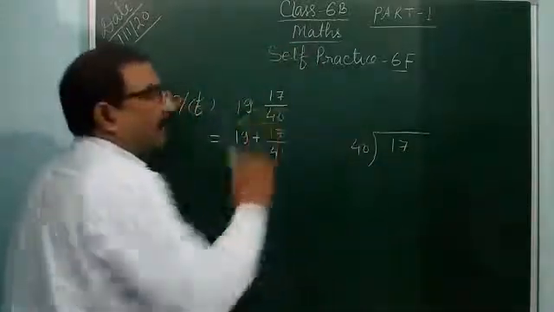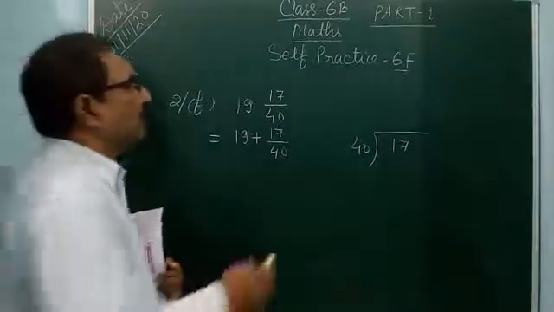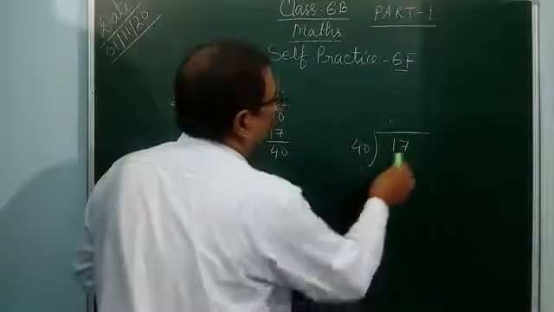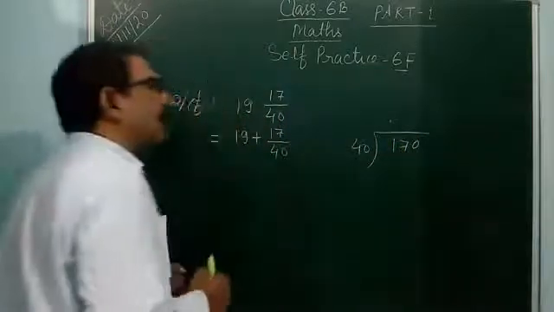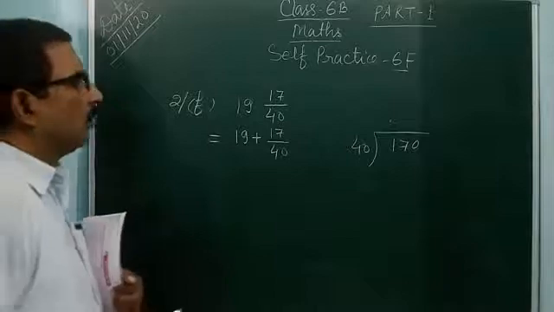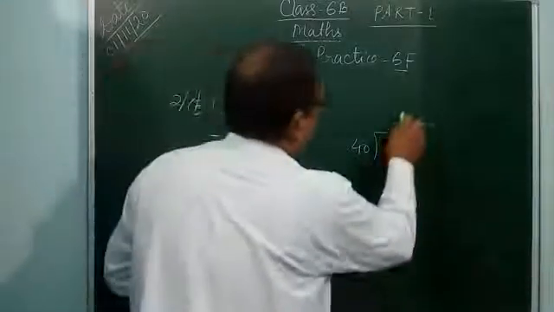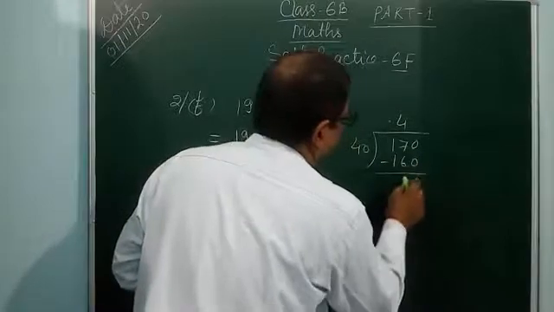17 is less than 40, meaning the dividend is less than the divisor. So you put the decimal here. After that, you add one 0, it will be 170. You count the table of 40. 40 fours are 160. 170 minus 160, 10.